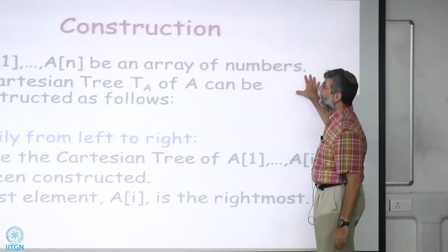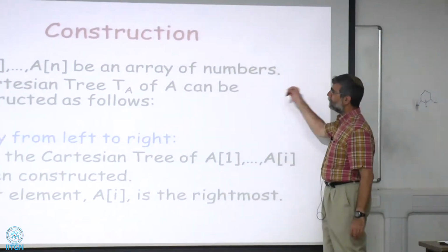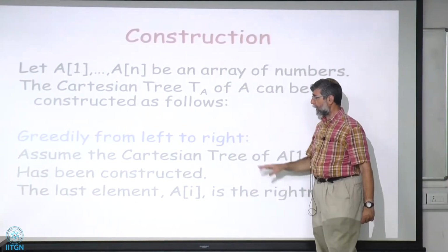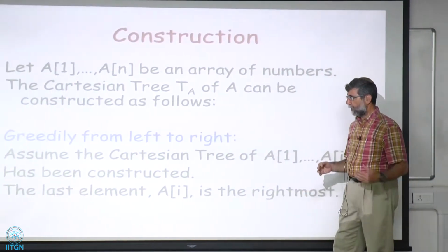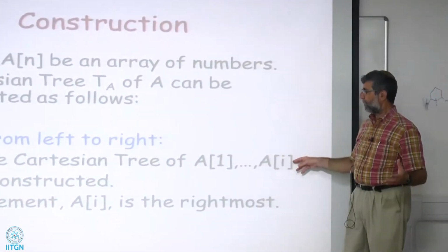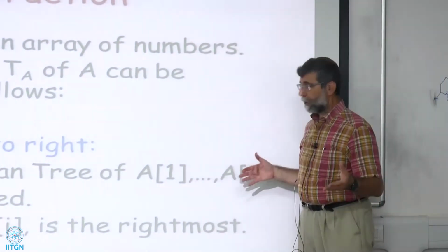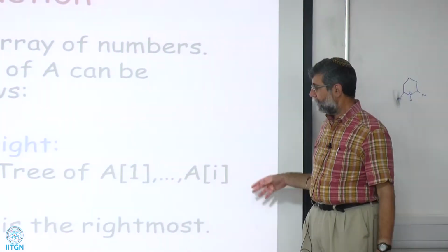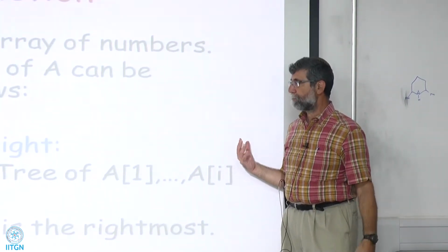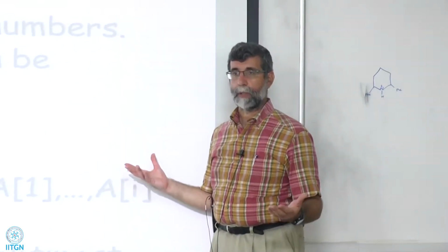So let's say that A1 to AN is the array of numbers, and we want to construct the Cartesian tree, T of A, greedily from left to right, okay? Let's assume that we already have the Cartesian tree of A1 to AI. Okay, so AI is the rightmost element, and we need to now add AI plus 1.